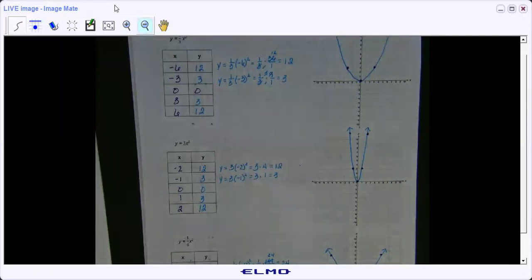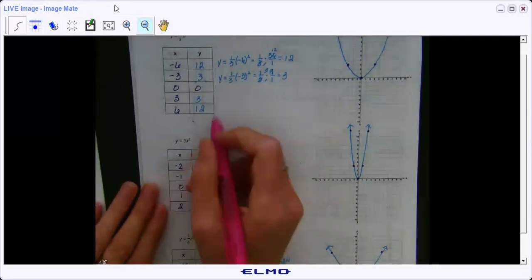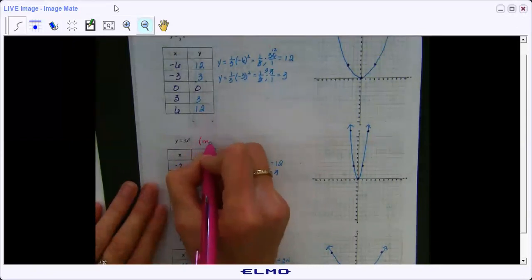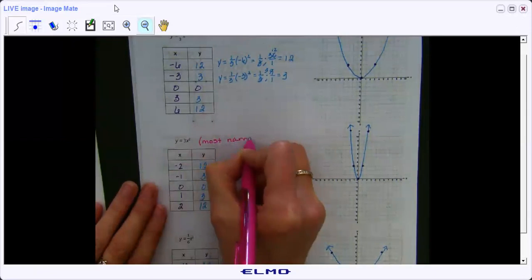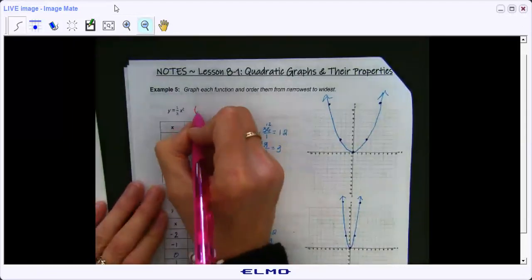So let's look at the graph. We can identify that this is the most narrow. Okay, this is the most wide. And this is in the middle over here.